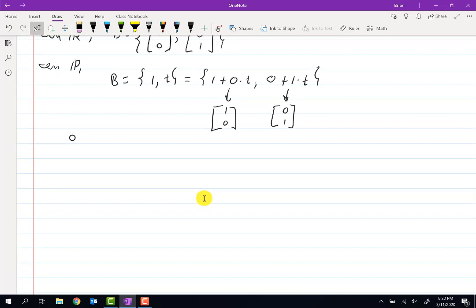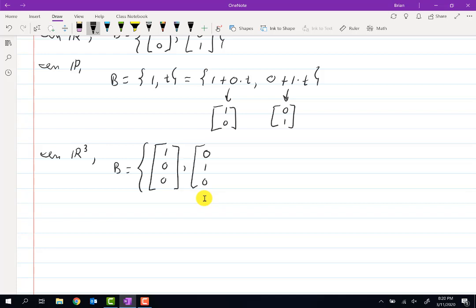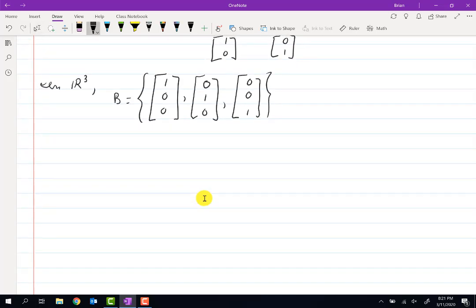In R3, the standard basis looks like the following: 1, 0, 0, comma, 0, 1, 0, comma, 0, 0, 1. Now, in P2, we have the following as a basis: 1 comma t comma t squared.